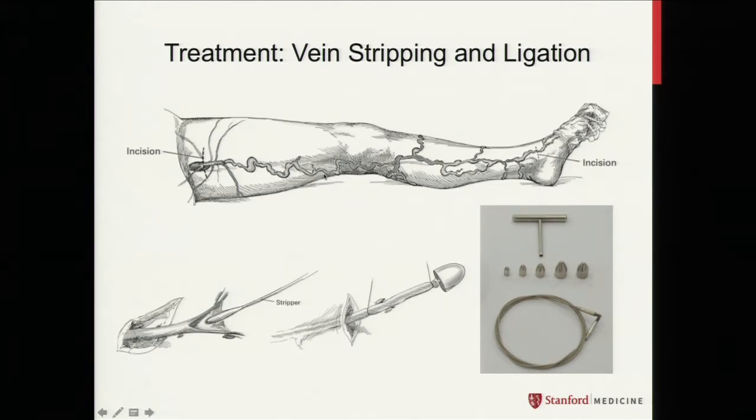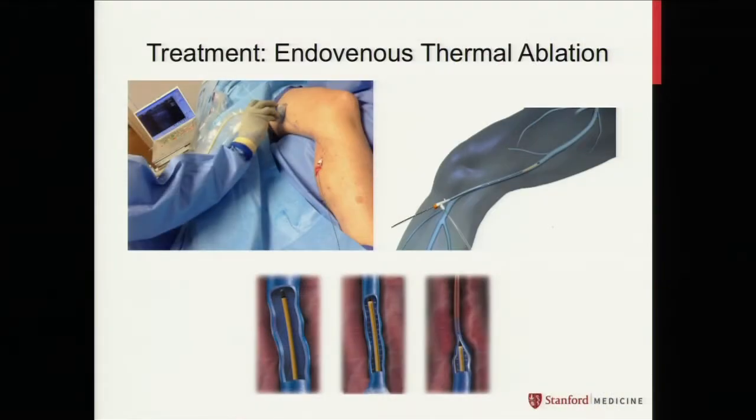It's still done nowadays. It's not that it's a bad surgery or anything like that. There are indications for vein stripping even now, but we've moved to less invasive ways to treat veins, and now we treat them by using catheter-based therapies. So instead of taking the veins out physically, we leave the veins in place.